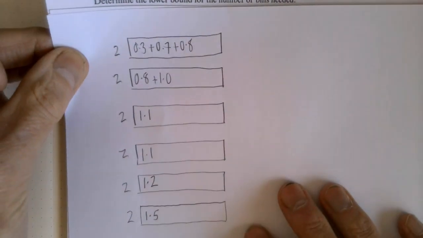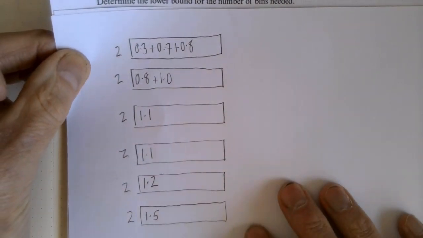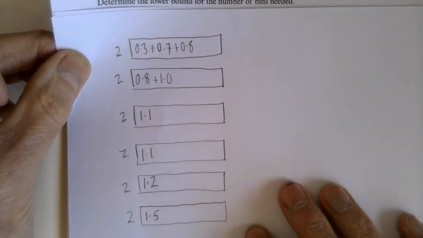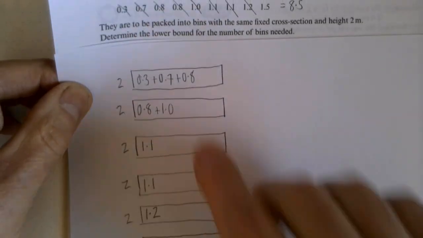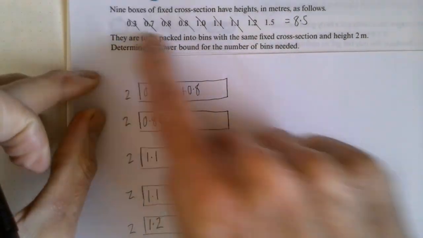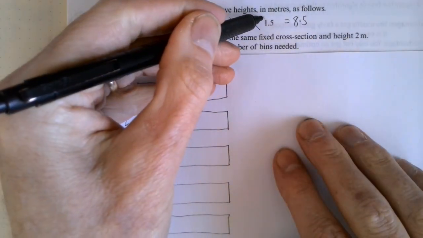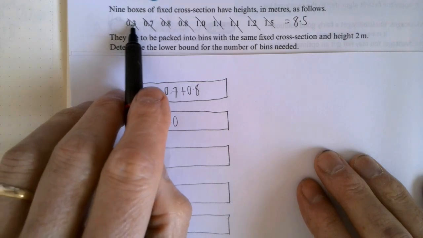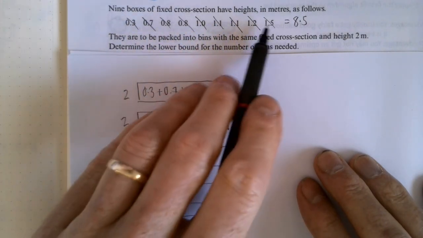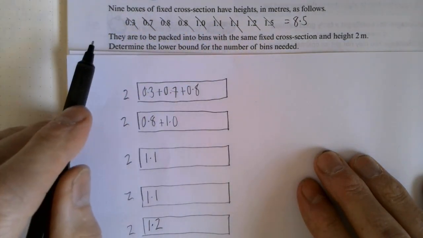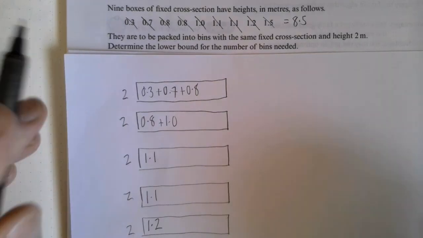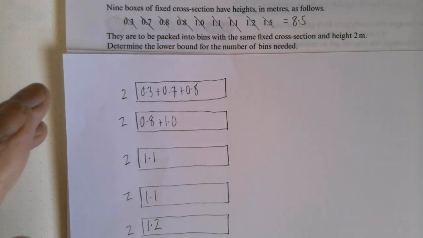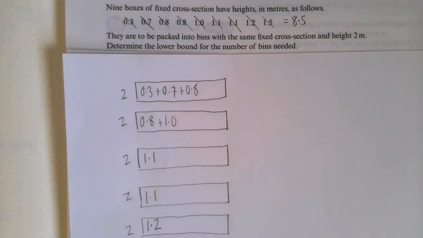So I've got to use 6 boxes, 6 containers, 6 bins in order to accommodate these. You can see how this is in many ways a worst case scenario because they're getting longer as they go. But first fit can be problematic like that because we don't know what is to come.